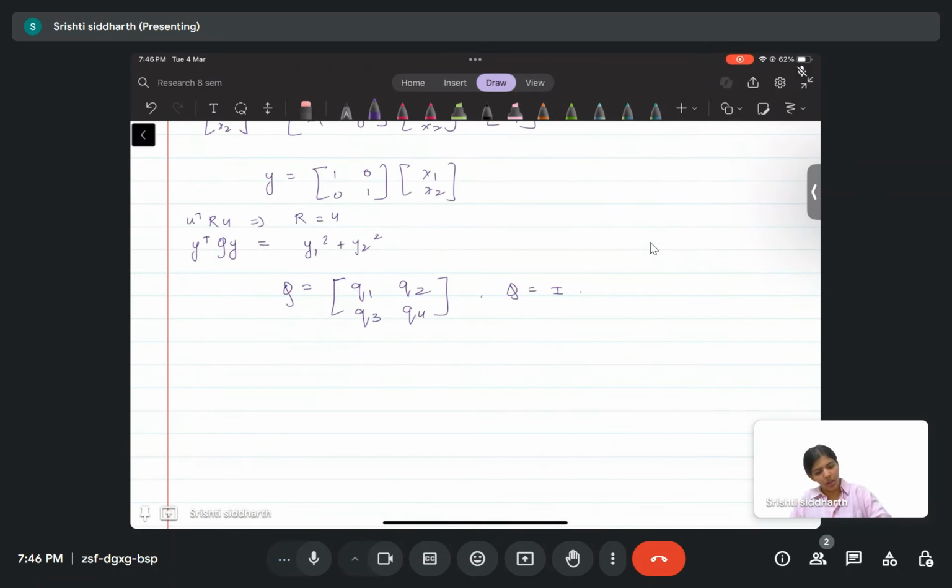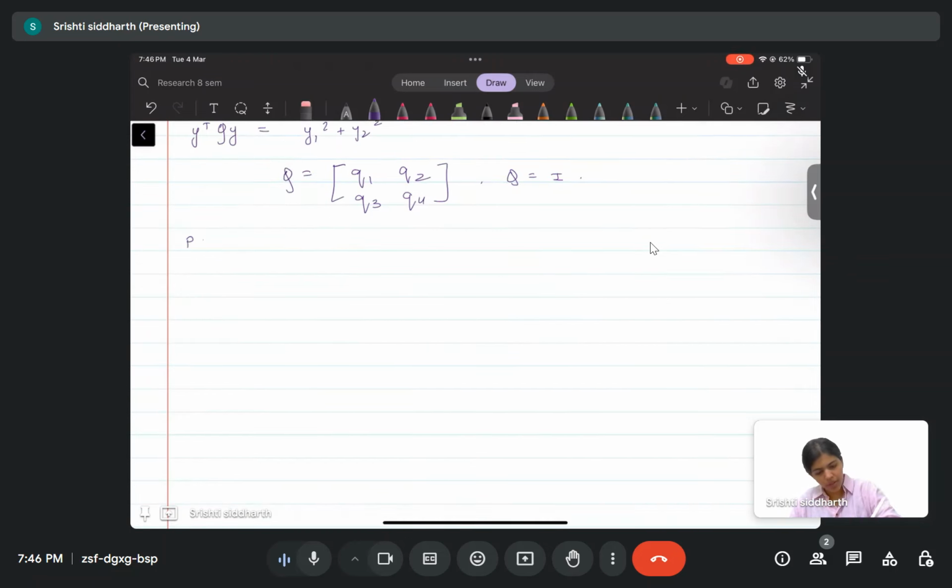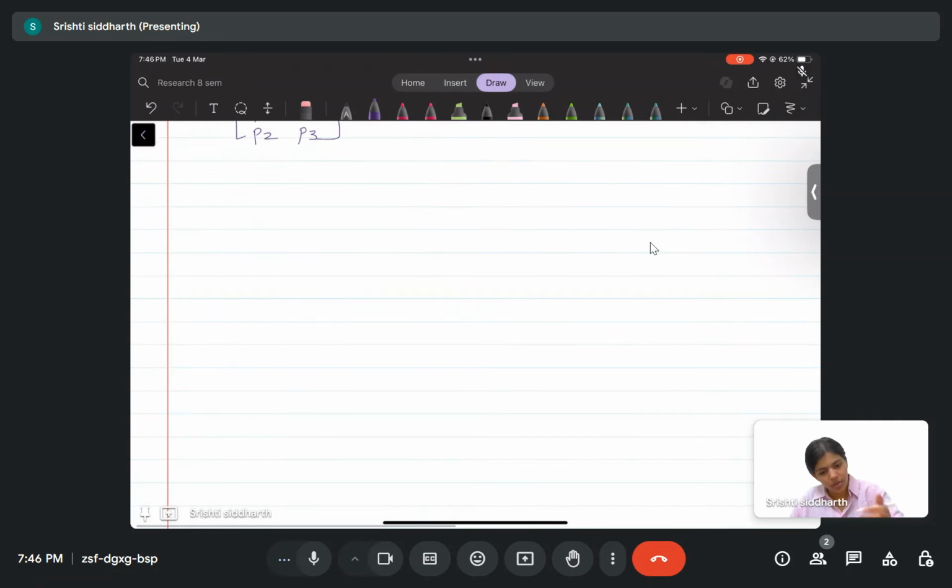Okay. Then we have the unknown P matrix, which we substitute in the algebraic Riccati equation. So I'm going to write down the equation directly. You can check this later.